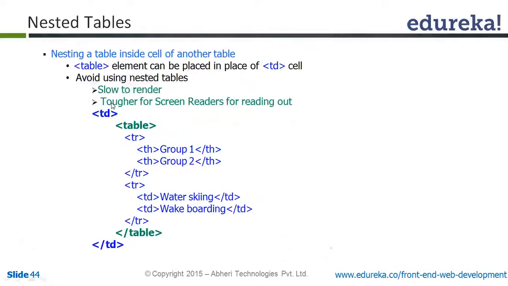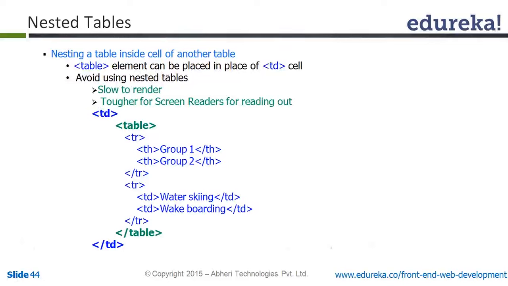note that though a table appears simple to you, the browser needs to do a lot of processing to really render it. Especially if the table is huge, and within that huge table you nested a lot of other tables, then it might become very complicated for the browser to display, and it might slow down the rendering of the page. And these tables are also tougher for the screen readers to read out, so that visually challenged people will not be able to understand what is there in the table.